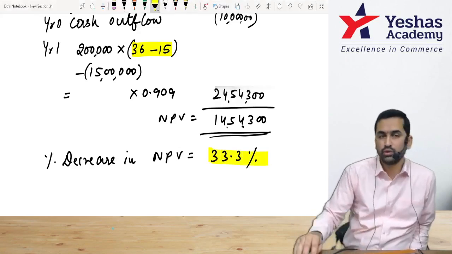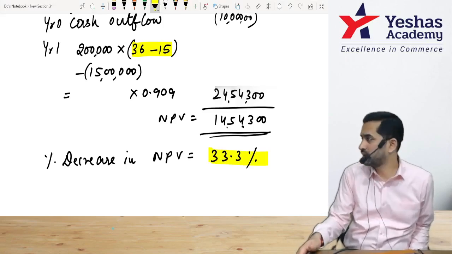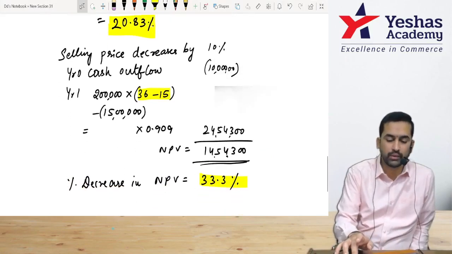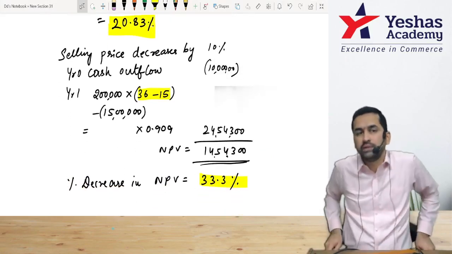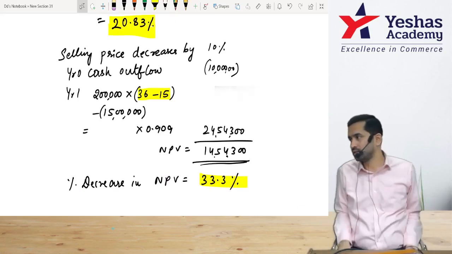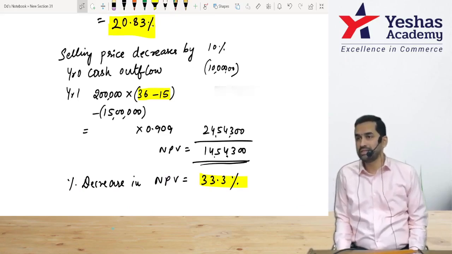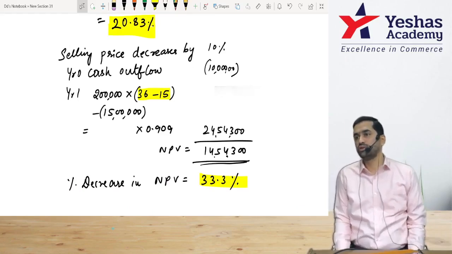Listen, if the question is about only these two, sales quantity and sales price, what is the meaning now? 20.83% and 33.3%. Assume the question ends here. Project is more sensitive to what now? Selling price than sales quantity. Okay, what is the use of knowing this?